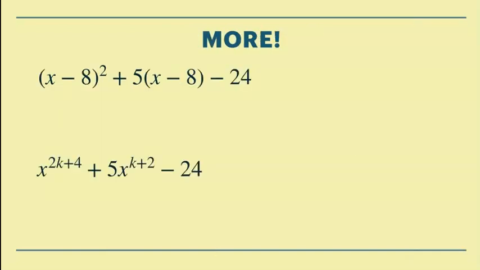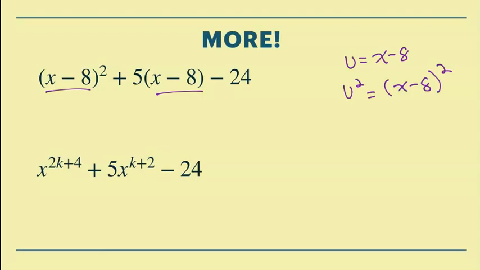So now I am looking for, what can I call U? Is there a term that I have that's just plain and then that same term squared? All right, in this case, U is going to be x minus 8, and U squared is going to be x minus 8 squared. All right, so if I square this, I get U squared.